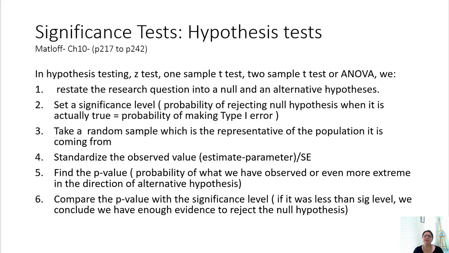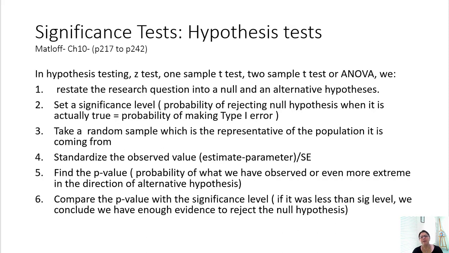You set a significance level, which we call alpha, and if it's not mentioned, it is normally a 5% significance level. The significance level is the probability of wrongly rejecting the null hypothesis, or rejecting the null hypothesis when it is true, and that is what the statistician sets himself or herself.